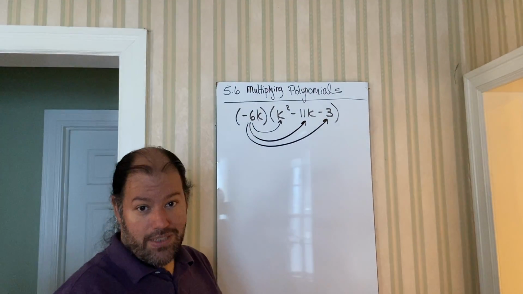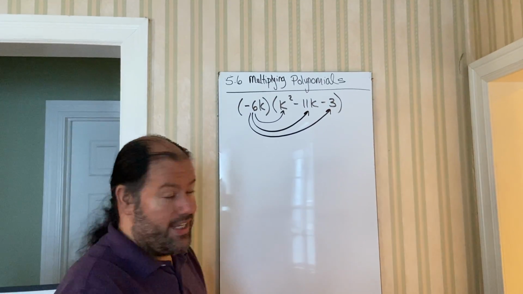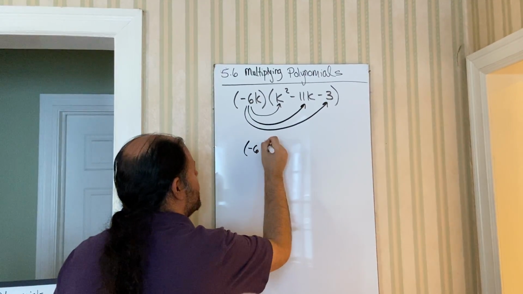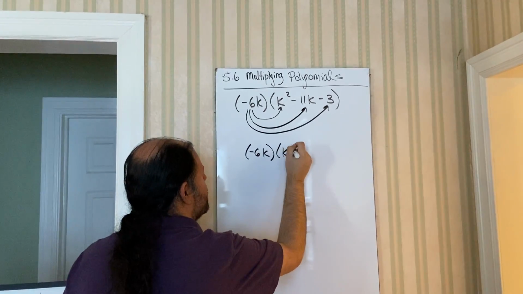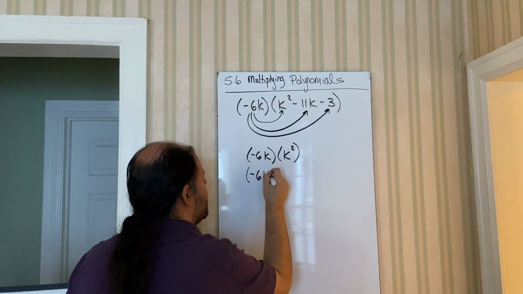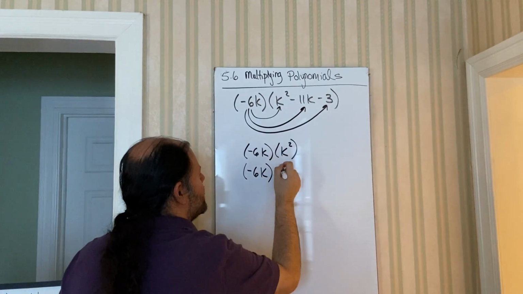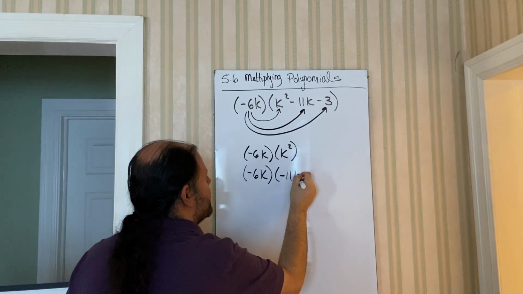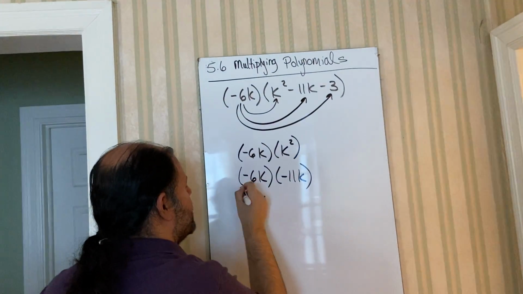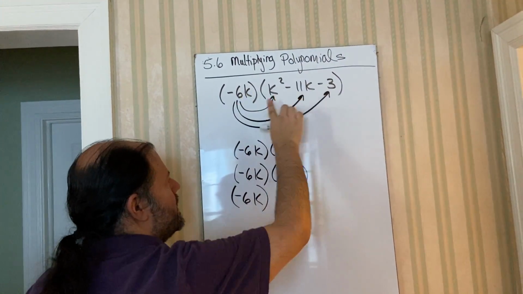So when you're distributing, you're multiplying. So you're just basically doing negative 6k times k squared. And doing negative 6k and multiplying with the negative 11k. And doing the negative 6k. See how I'm just distributing this to each of the terms?